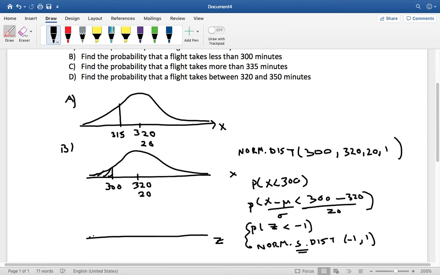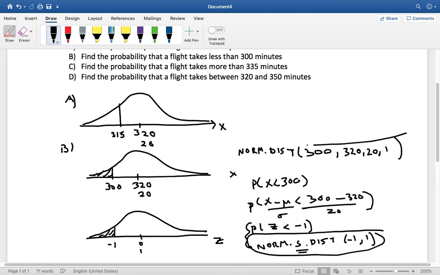It's the same as part B above, but the mean is 0 and the standard deviation is 1. And instead of being less than 300, it's going to be less than negative 1. This should give exactly the same results.